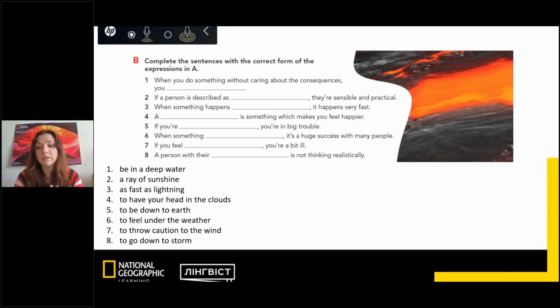You can use just your notes on your phone or maybe a pen and a notepad and think how you would put these phrases. When you do something without caring about the consequences, sometimes you need to change the form, or you don't need all the words. That's why, be careful about the language.